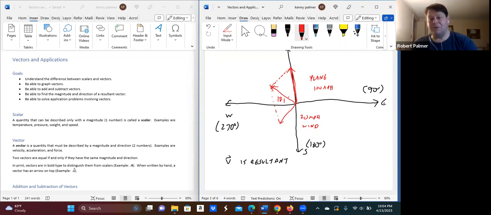We need to find this angle right here, and that will tell us what we need. This is not actually the final angle, but we need to find that angle theta. So let's go down here and draw a picture of this triangle again.